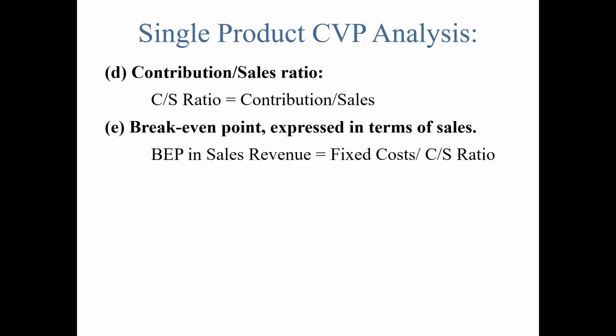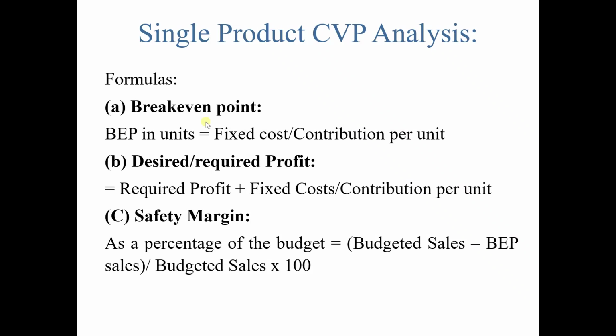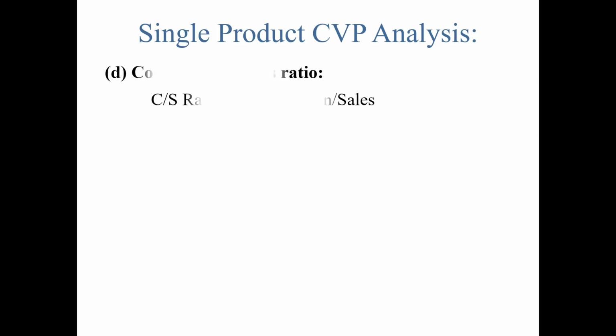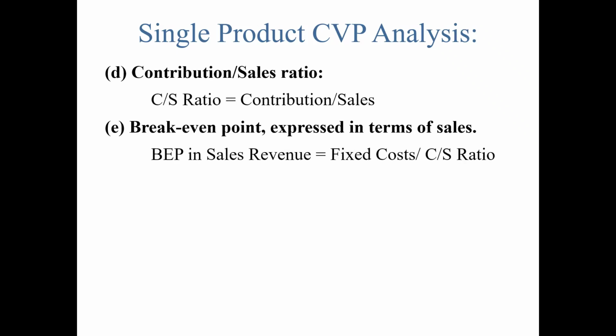Now this is the break-even point in terms of sales. In A, when I was explaining, this is the break-even point in terms of units: how many units I should produce where my profit will be equal to zero. While break-even point in terms of sales means how much sales, in terms of amount, I should make to reach my break-even point, because at break-even point, total sales should be equal to total cost.